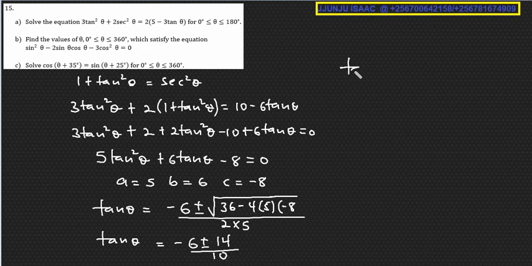So our tan theta is going to be now negative 6 plus 14, that is going to be 12, I think.